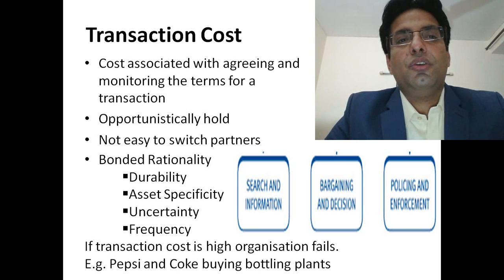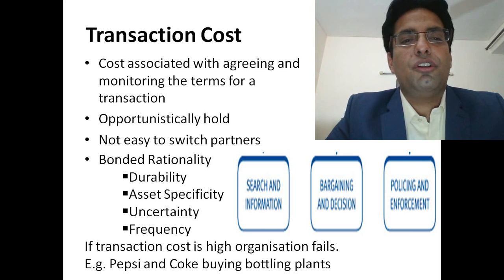Then the costs associated with that need to be monitored, and total cost of ownership should be taken. What does that mean? It means that not only the cost of production of goods by the other organization should be considered, but also the management cost in order to monitor such a transaction should be considered.